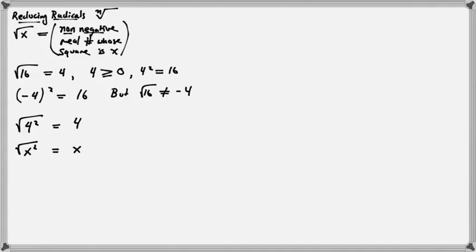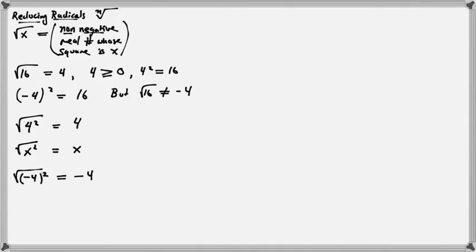But of course we have to be a little bit careful here in the case of even powered radicals like square roots, because if I apply this principle to minus 4, I don't get negative 4 back. In fact, as we saw above, the square of that will be positive 16, its square root will be positive 4.